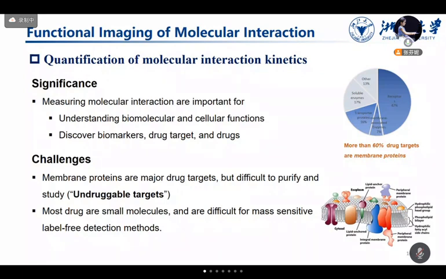The current challenge is that membrane proteins are really hard to measure because it is very hard to probe them on the membrane surface. Currently, membrane proteins are called undruggable targets, so a lot of studies have focused on developing methods to purify them.